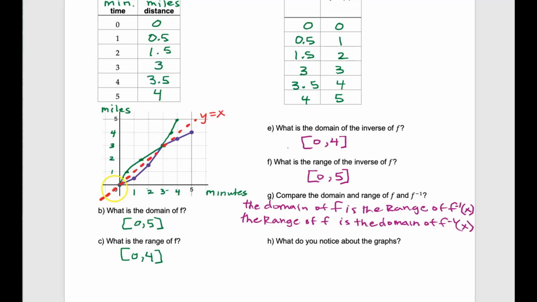If we were to fold along that dotted line, this part of our f of x would match up exactly with this part of our inverse of f of x. And same thing up here, right? So what do we notice about the graphs? Well, we notice that they are a reflection over the line y equals x.